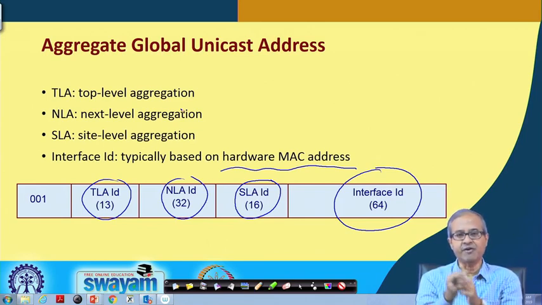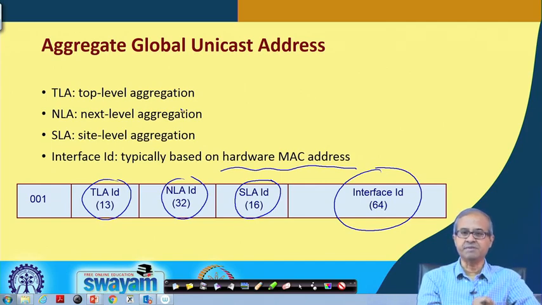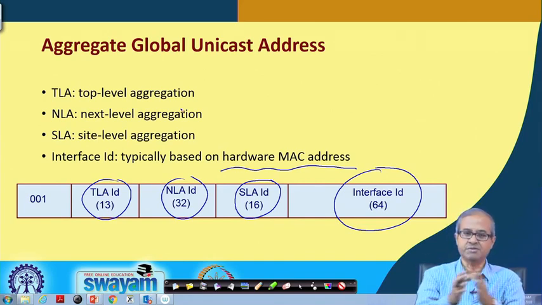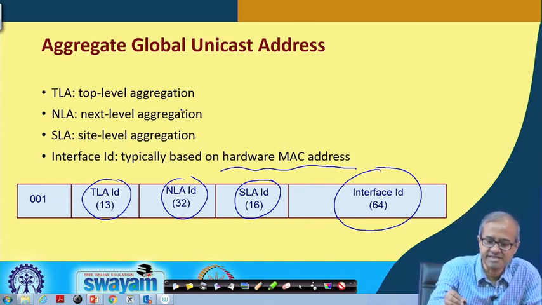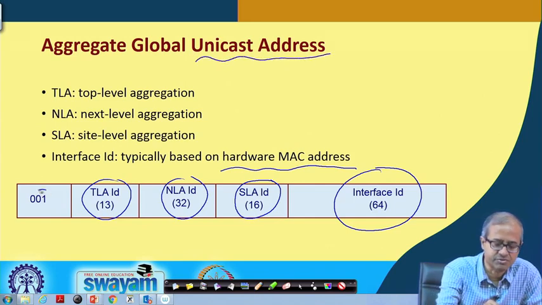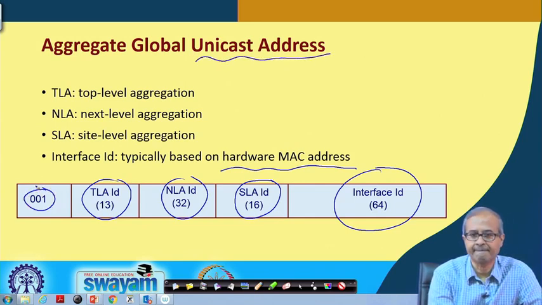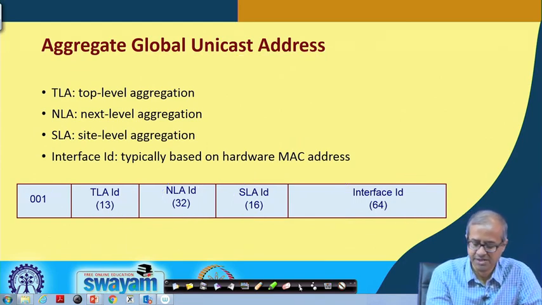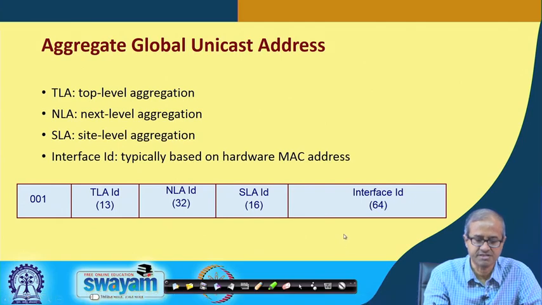The third level can provide other hierarchical information, such as state level or district level information. So, you can have this kind of hierarchical address definition, which is very flexible. Depending upon your need, you can define these fields, but if you do not want, some of these fields can be left zeros. And unicast addresses always start with 001. This is just an example I gave for a unicast address.